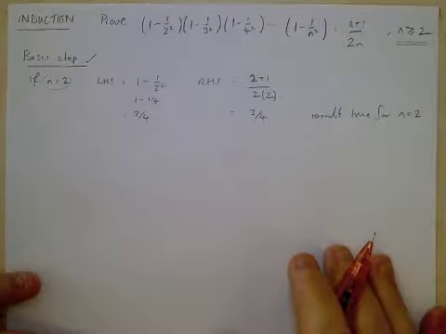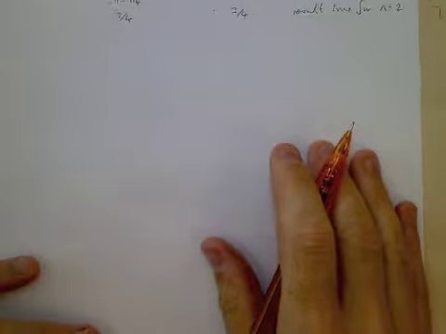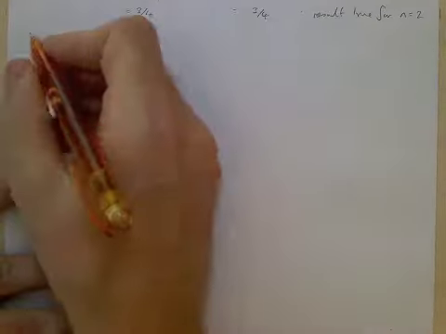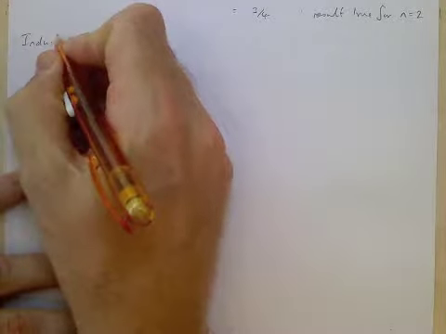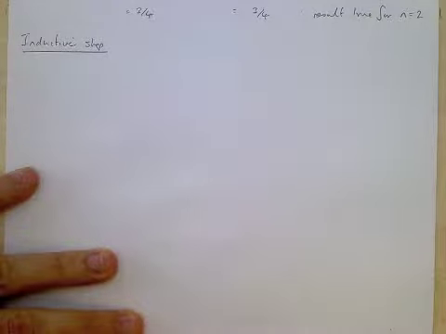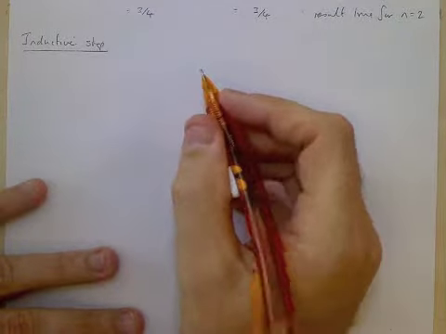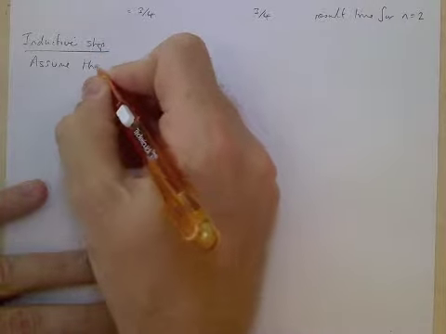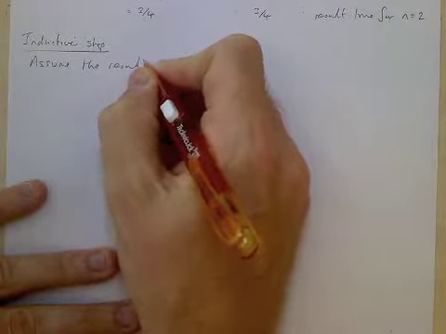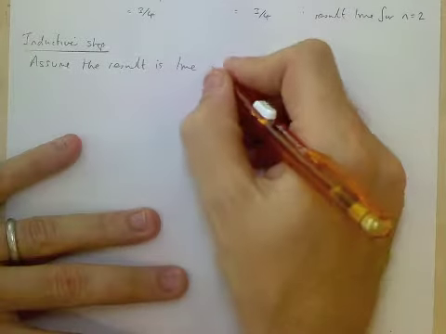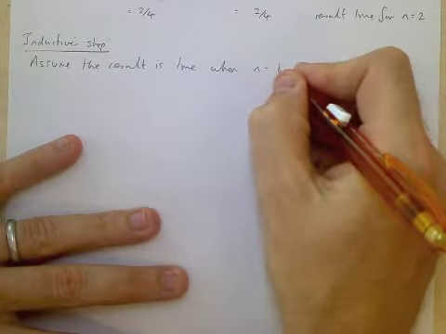On to the inductive step. Create a little bit of space. Inductive step. Now, as always, I'm going to start by an assumption. Assume the result is true when n is equal to k.